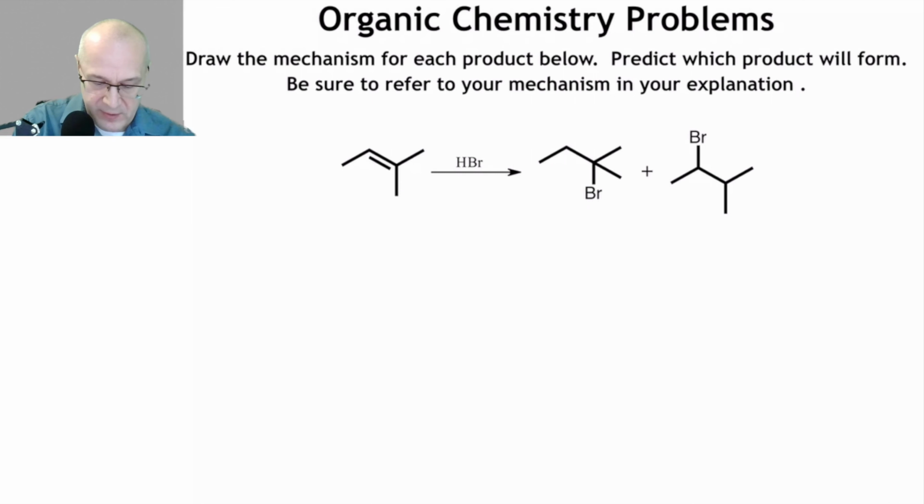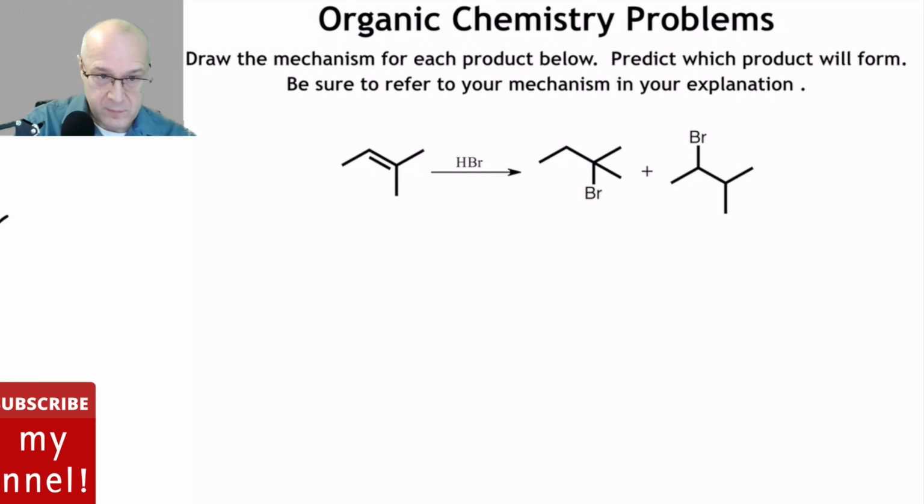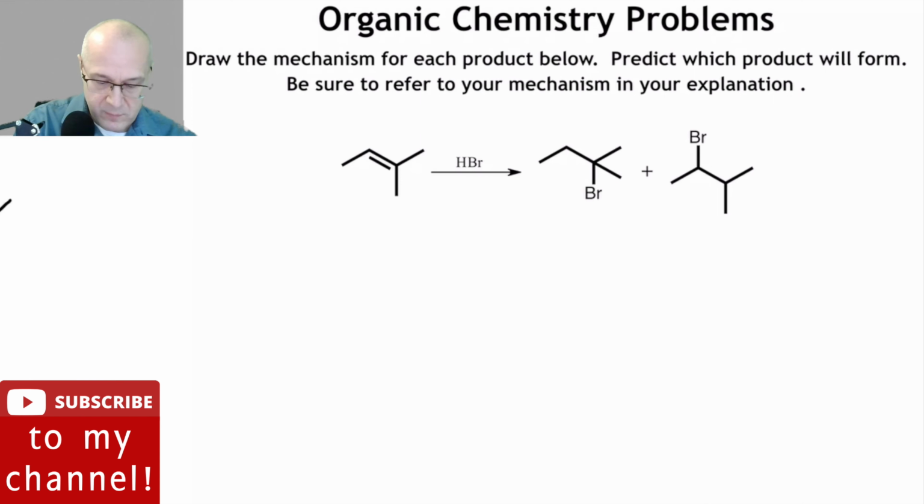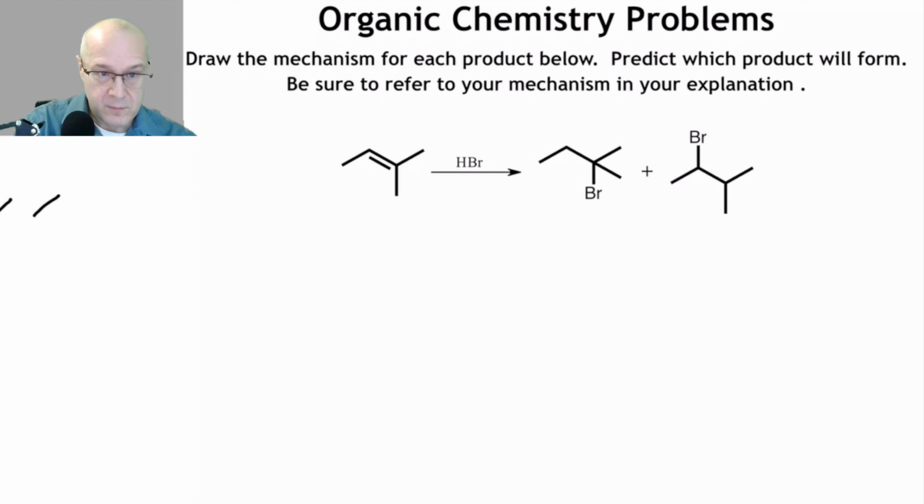So let's start over here. Let's start right here. So there, let me draw that again. So there is our alkene. Now this is hydrogen bromide.